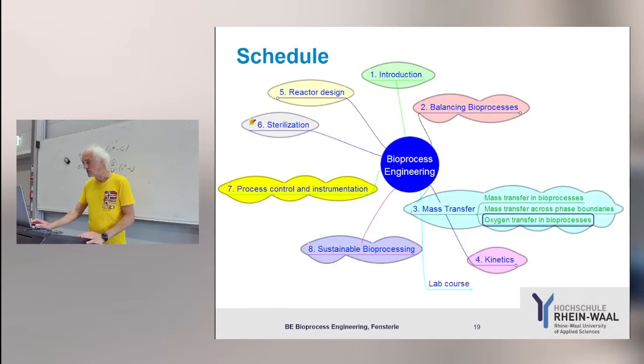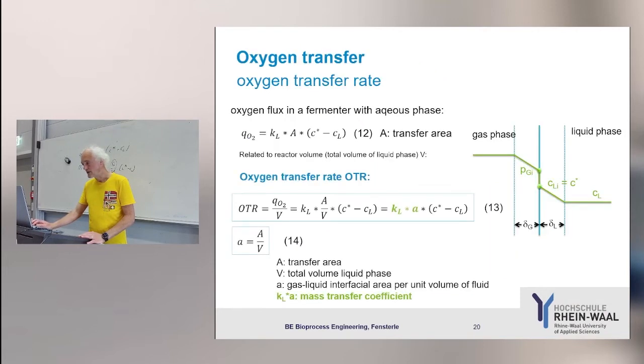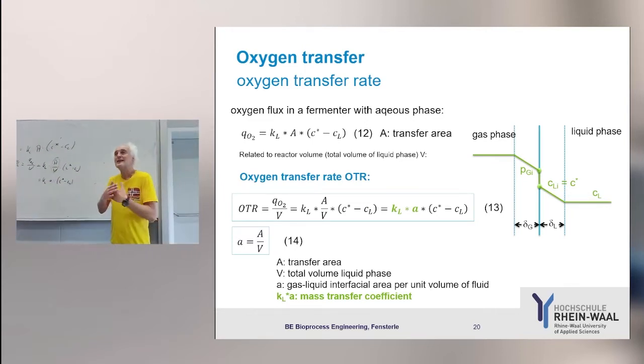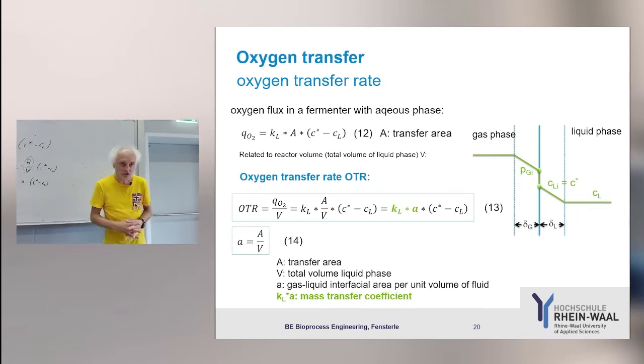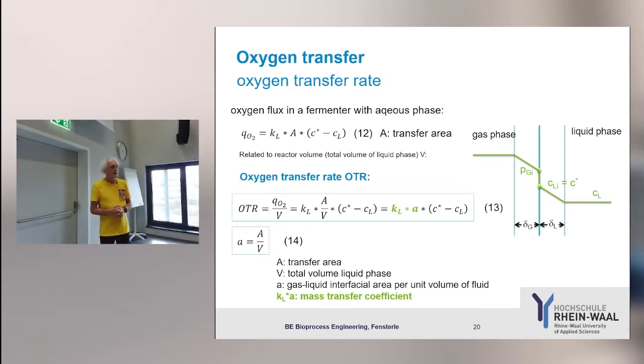Now we just come to this equation here, and A is at the end the gas-liquid interface. And this was exactly the question you asked a couple of minutes ago. This is not so easy to measure. So we have two problems.